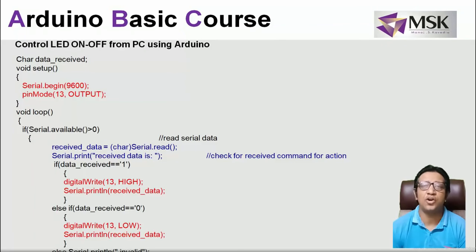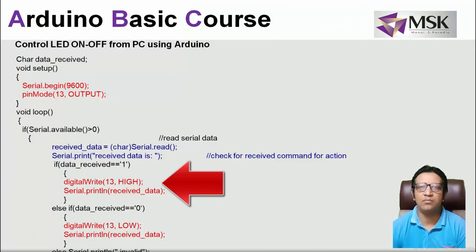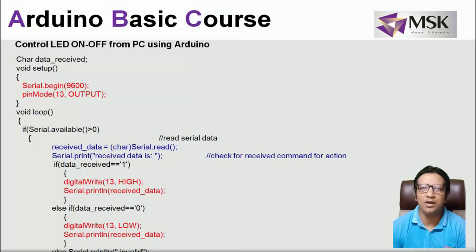I'll write digitalWrite, pin number 13, and set it to HIGH, which means the LED will turn on, and the same data I'm passing on to the serial port. So if I'm getting 1 from the PC, it will turn on the LED and pass 1 to the serial monitor. So the serial monitor will display 1.